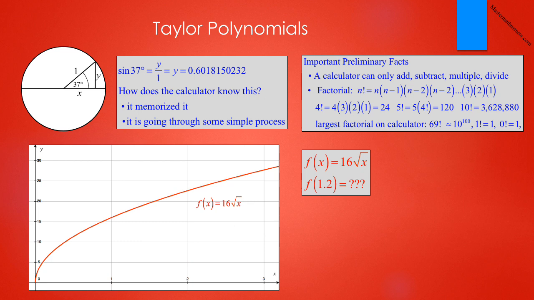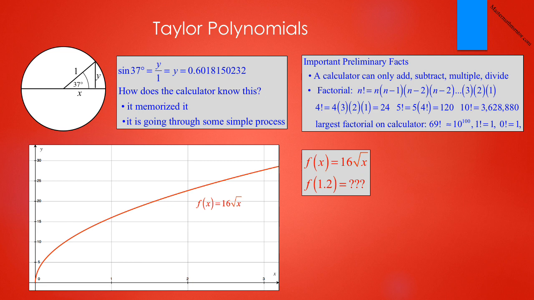Suppose we have a function, f of x equals 16 square root of x, and we would like to find f of 1.2. We have a graph of the function, and we could estimate the value of f at 1.2. But suppose our calculator did not have the ability of taking square roots.